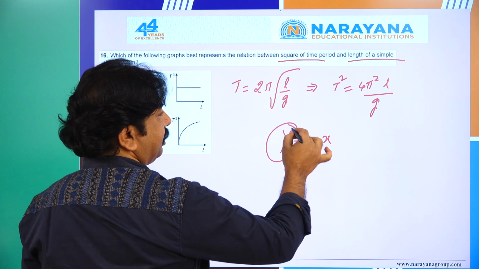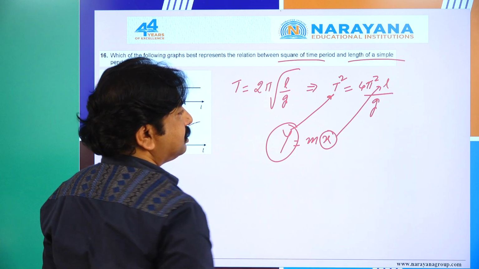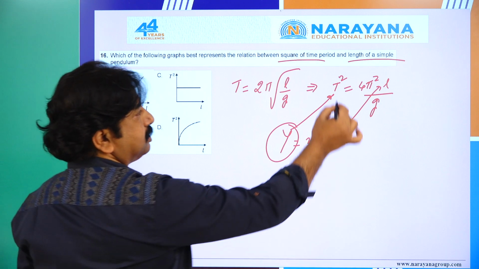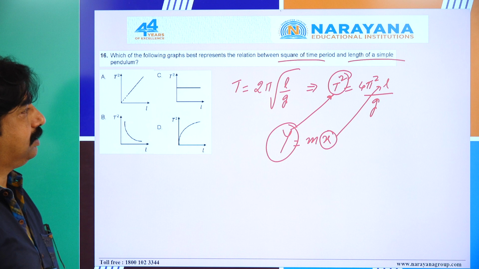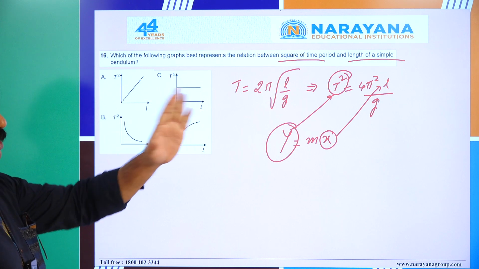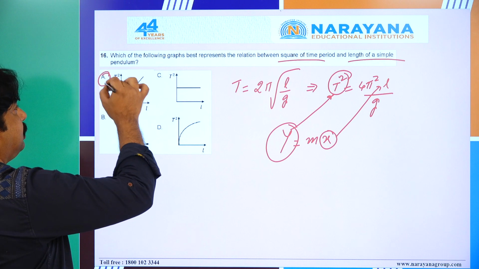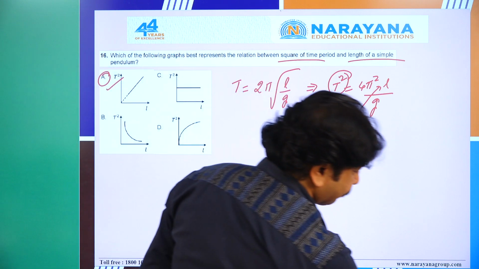So this is the y and x. So the T square term is on the y axis. So this seems to be a straight line passing through the origin. So the first option is the correct one. Next, I am going to the next question.